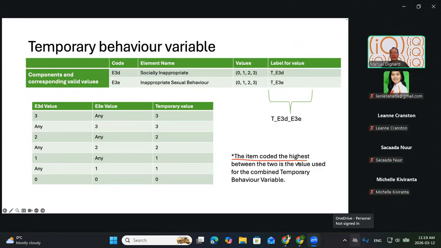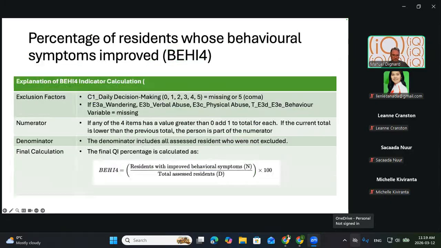So the item coded the highest between the 2 is the value that is used for the combined variable. So when we're calculating this quality indicator, we're only using one value for these 2. We're combining them together. So it measures, right, that meaningful improvement in behavioral symptoms. Again, a vital area of care in long-term care settings where responsive behaviors can significantly impact quality of life and safety.